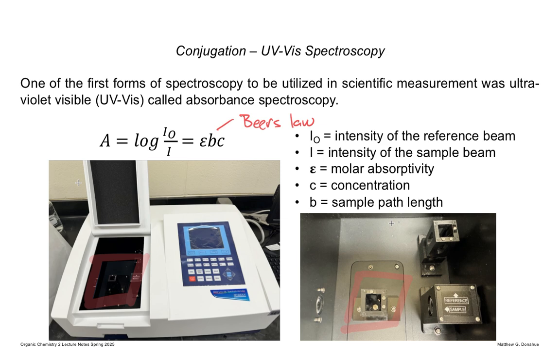And that's really the key thing for this equation. That number differs for every compound. B is the length of the cuvette, which is usually 1 centimeter. And then C is the concentration. And so again, A means absorbance. So how much light is being absorbed by the compound relative to the reference beam?